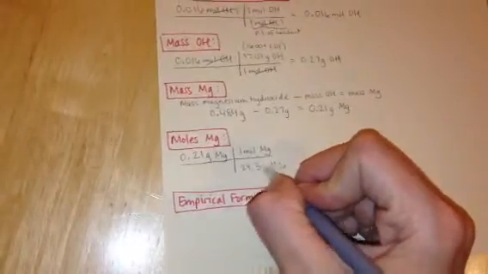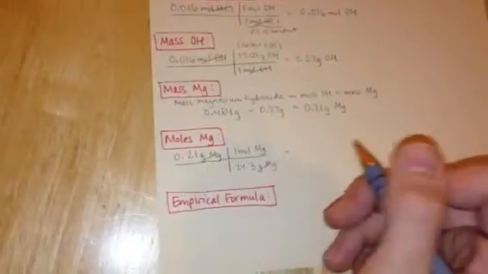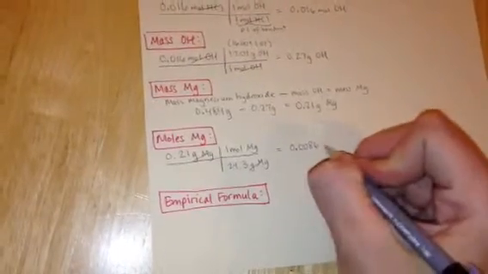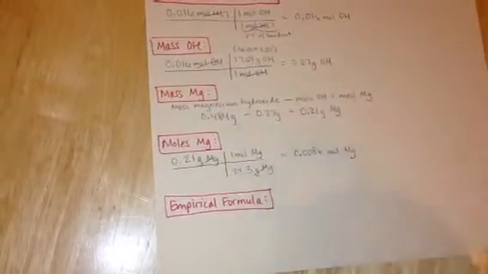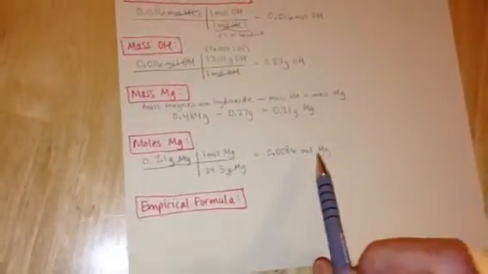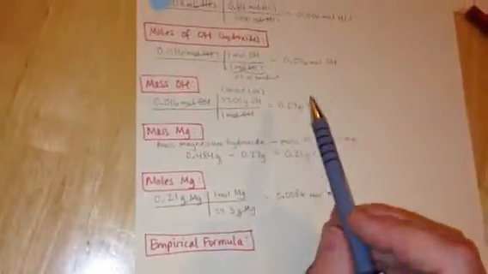Grams of Mg. And that ends up with 0.0086 moles of Mg. So you had to do all of this work because now we will have moles of magnesium, and up here we have moles of hydroxide, and that's what we need for our empirical formula calculation.